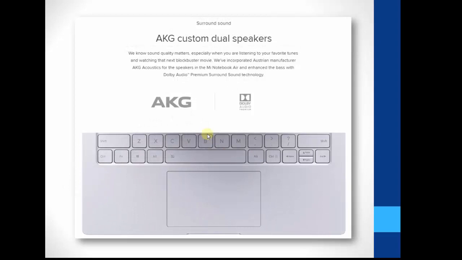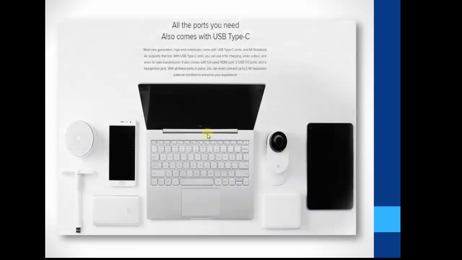AKG custom dual speakers. This model has Dolby Digital Audio and AKG acoustics for the speakers in the Mi Notebook Air, with enhanced bass and Dolby Audio premium surround sound quality technologies. All the ports you need also come with USB Type-C.